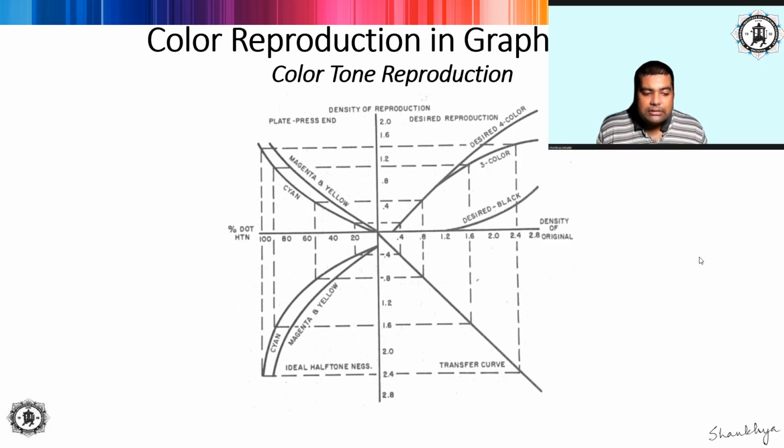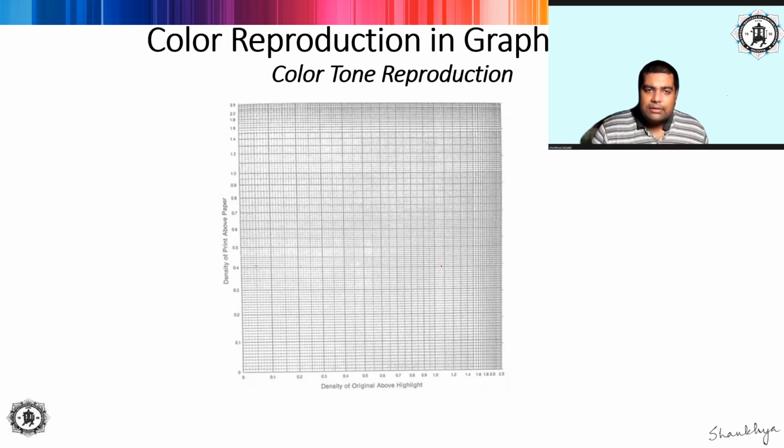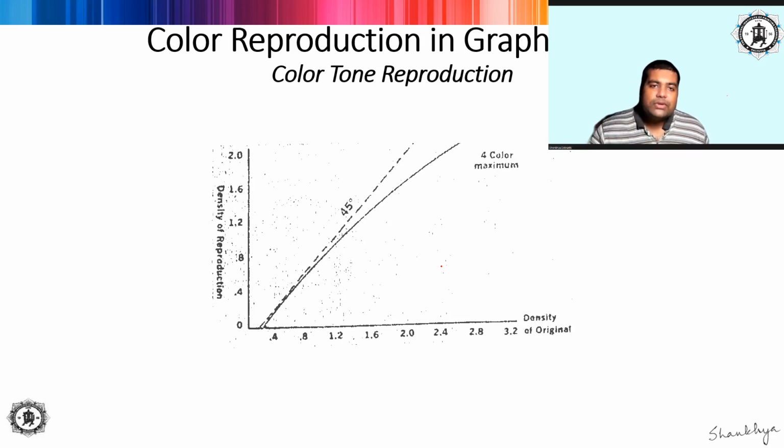Now, having said and done all this, let me just go back a little bit earlier. So, for example, we had established what should be the ideal nature of the tone response curve or tone reproduction curve, whatever you like to call it, and how much leeway we have in order to ensure that maximum tones are achieved accurately in our reproduction.